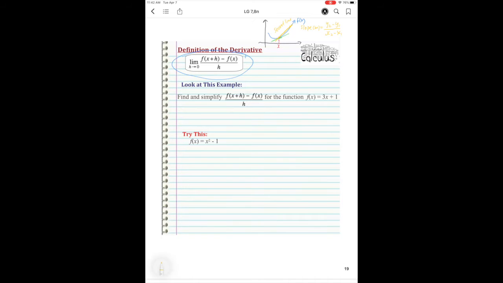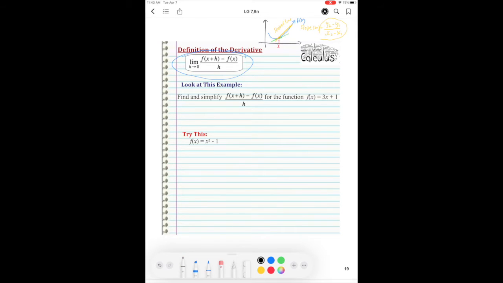Well, they used this method and tied in limits to figure out the really accurate way to find the slope at that given point. So we're just going to use this formula right here and write it in notation of our definition.